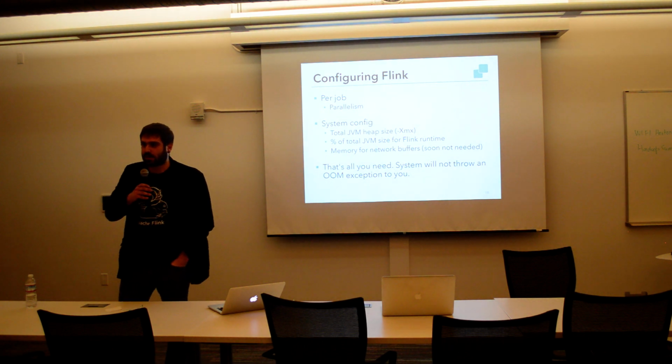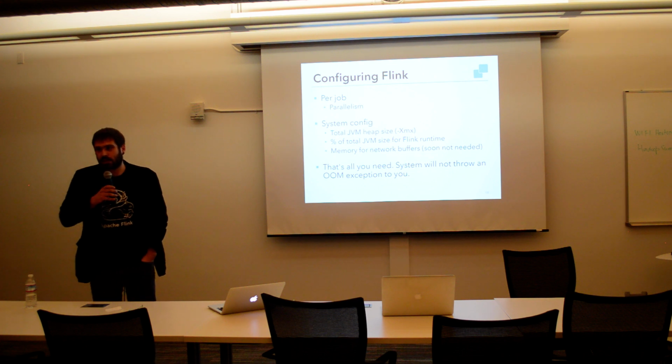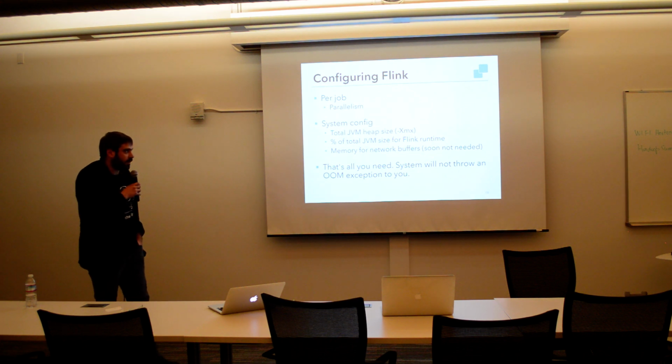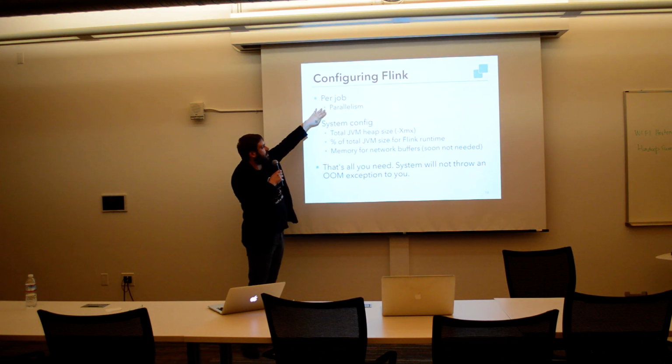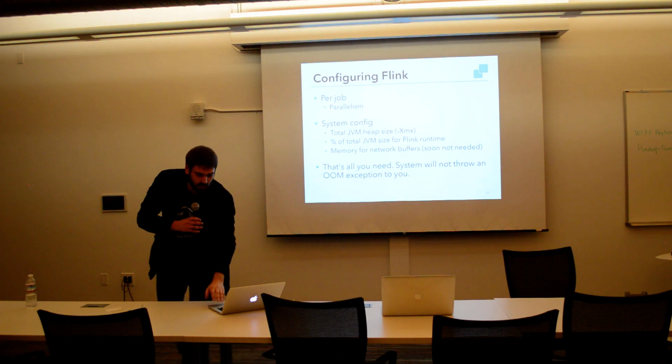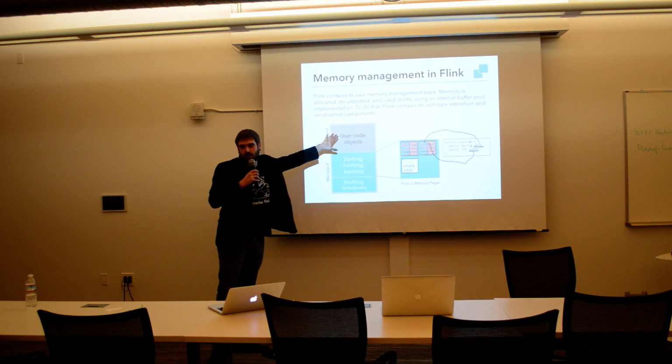The first one is that the system requires very, very little configuration. In order to run Flink in very data-intensive jobs, you need to configure the following. The first is the parallelism per job. And then for the system, the total heap size you're going to give, and the percentage of that heap size that will go to the system, and the percentage that will go to the user code.